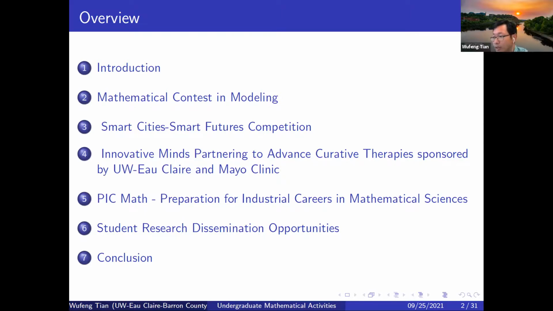I don't know if you ever heard of that before. This is Preparation for Industrial Careers in the Mathematical Sciences. I think you can think about applying for this. It's pretty much a small grant for a teacher to pick a math class at your school. And the other ones are the student research dissemination opportunities.